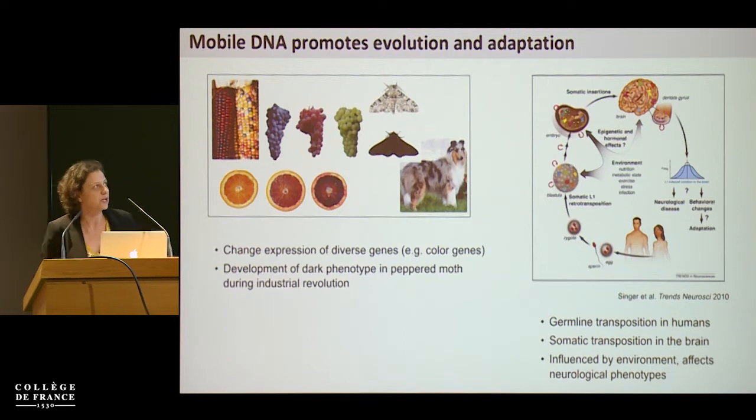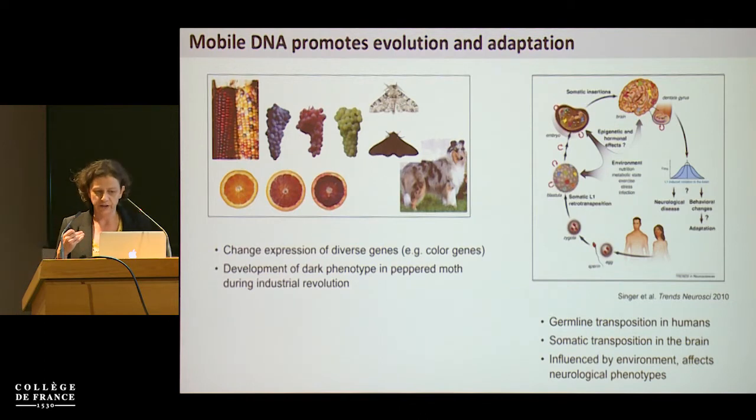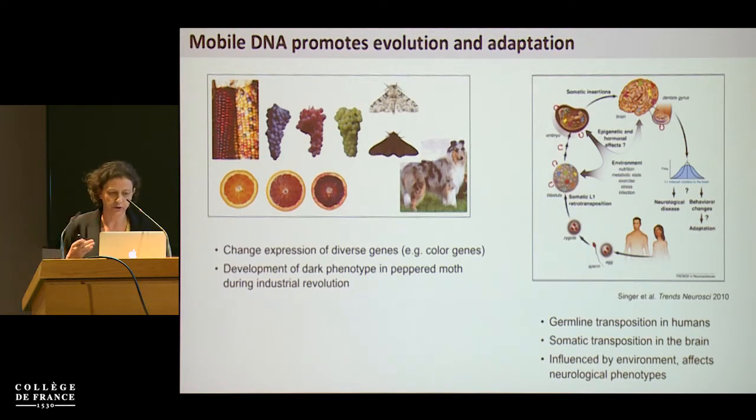Transposons and other mobile genetic elements move also in humans, and clearly they have an opportunity to move in the germline when epigenetic silencing is reduced. But recent seminal discoveries have also shown that mobile elements move in the brain, during neuronal development.